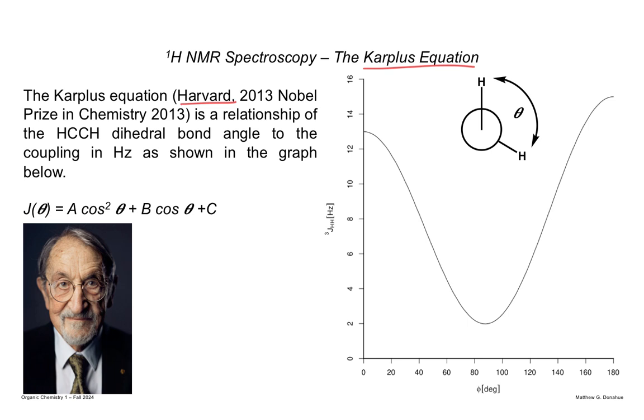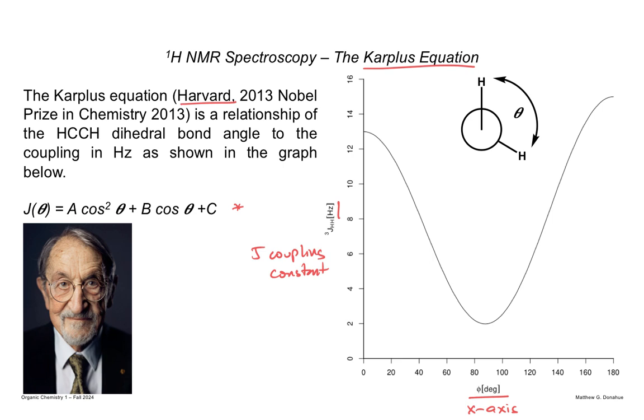And so the Karplus equation, which is shown here, when it's graphed, gives this curve. So the Karplus curve has the angle in degrees on the x-axis, and on the y-axis is the coupling constant. So that's J, and it's measured in hertz.